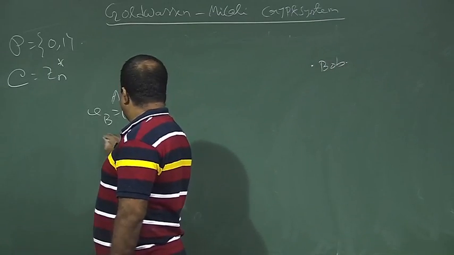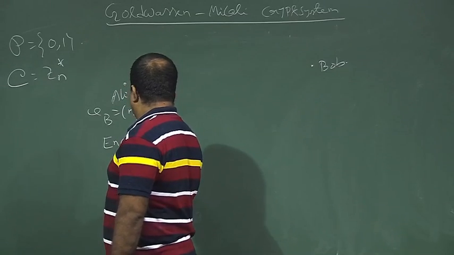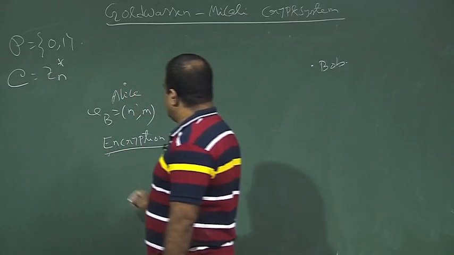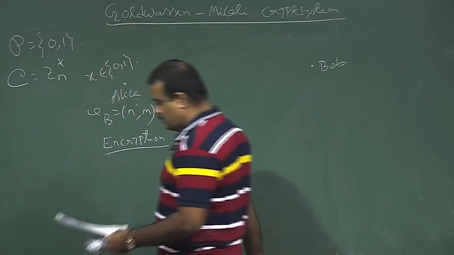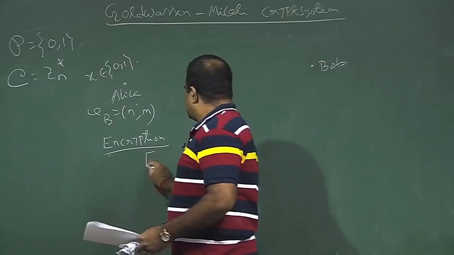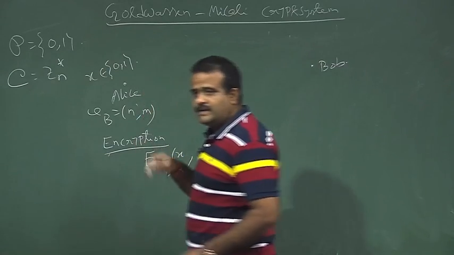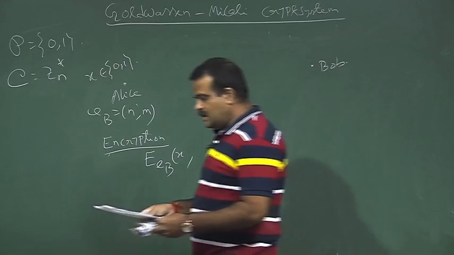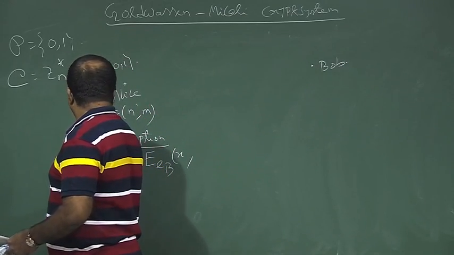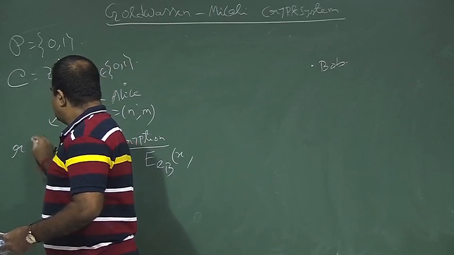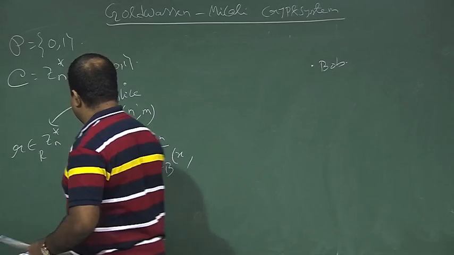Alice chooses a plaintext x from 0 or 1. For encryption E_B of x, Alice chooses R randomly from Zn star.